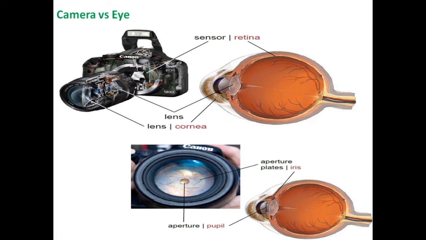Next, coming to the pupil. As I have already said, the pupil is a window of the eye which lets light strike the retina. Followed by this, we have a lens. The front part of your eye, as I have said, is the cornea, and the lens helps to focus the light rays onto the back of the eye.